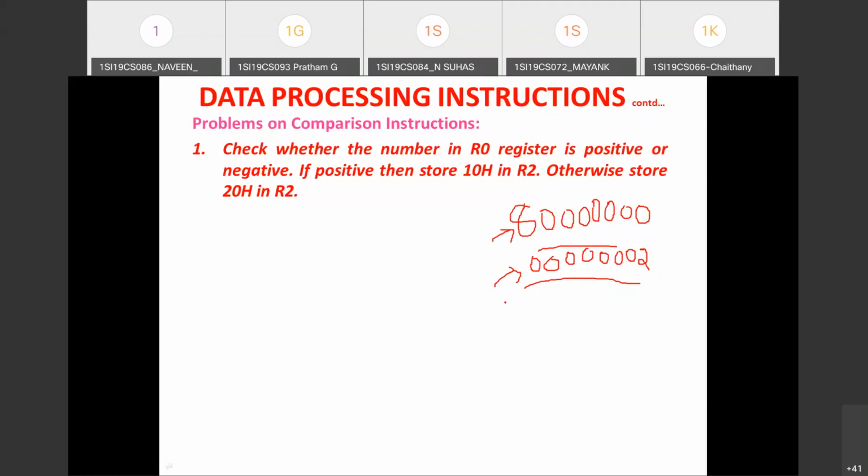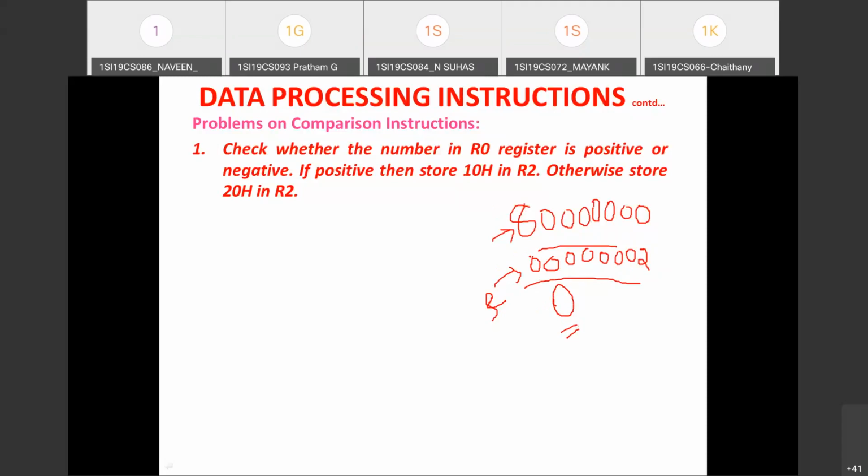When you perform the AND operation between these two, the result will be 0. If it results in 0, what can you infer? The number is positive.